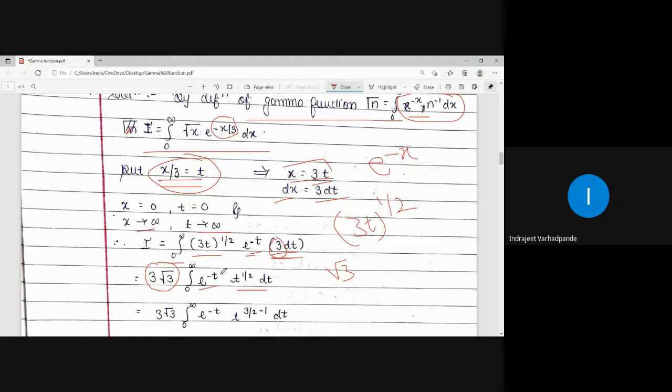But as per the definition of gamma function, I want integral 0 to infinity e to the power minus x, x to the power n minus 1. That means I want this particular number to be split in the form n minus 1. So without thinking too much, whatever the number is, add 1 to it. So what is 1/2 plus 1? 1/2 plus 1 is 3/2.